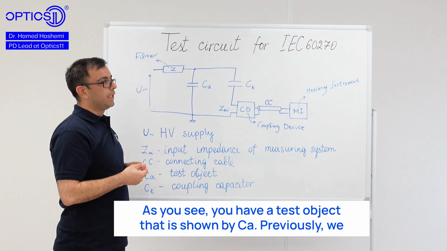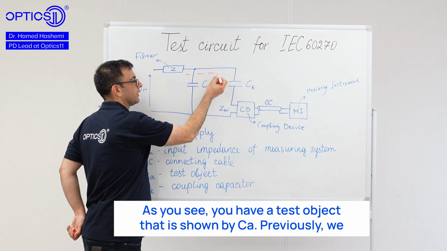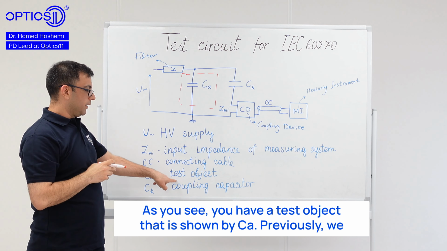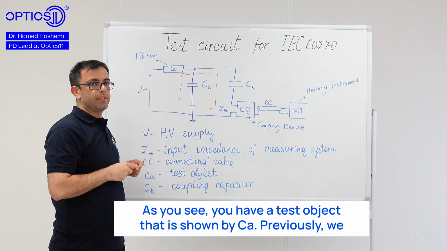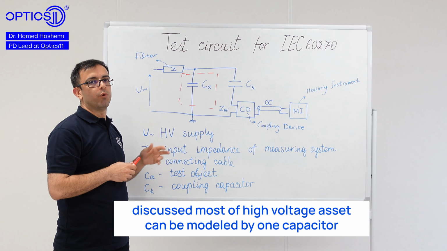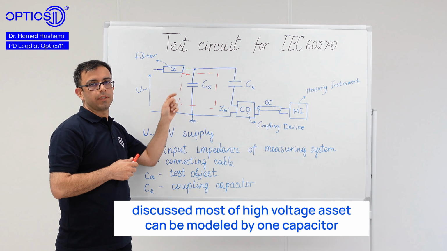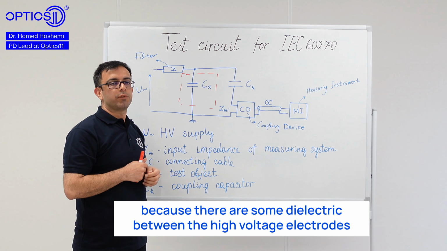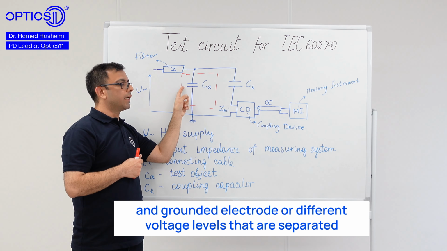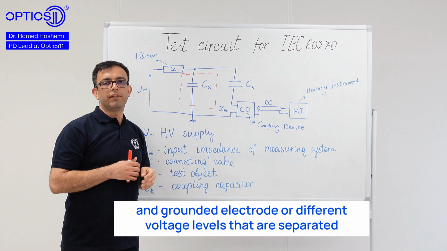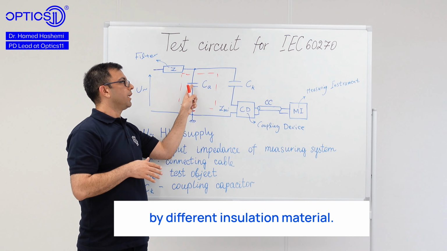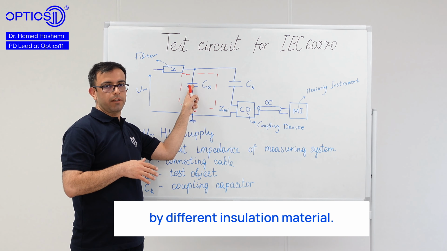As you see, you have a test object that is shown by CA. Previously, we discussed that most high voltage assets can be modeled by one capacitor because there is some dielectric between the high voltage electrodes and the grounded electrode, or different voltage levels that are separated by different insulation materials.